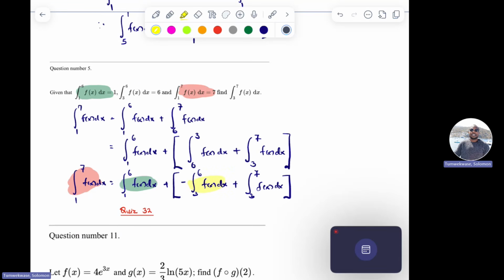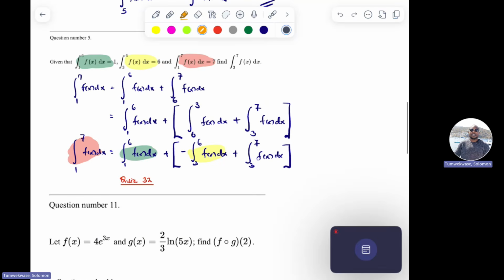And 7 to 3 is right there. So you can say I have everything apart from 7, 3, which I'm interested in.